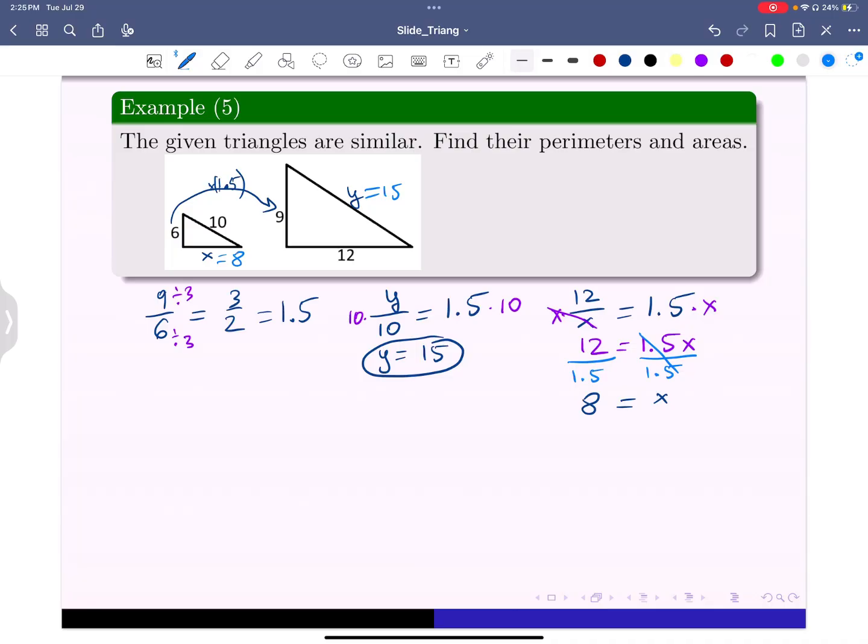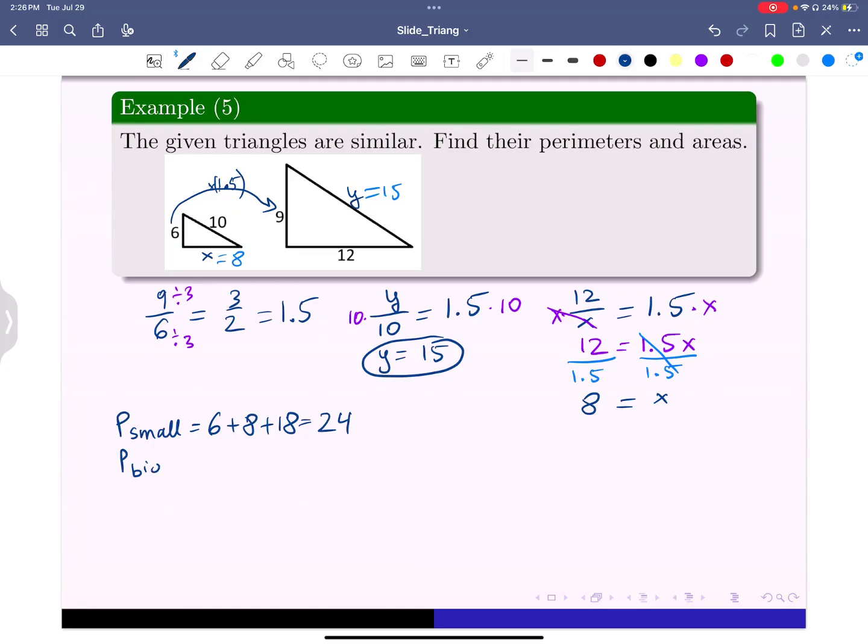So now we can see the perimeter of the small triangle. We would add all the sides. We're going to have 6 plus 8 plus 10, and in that case this gives me 24.